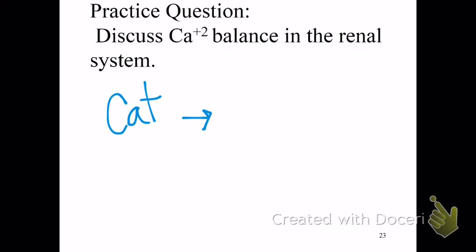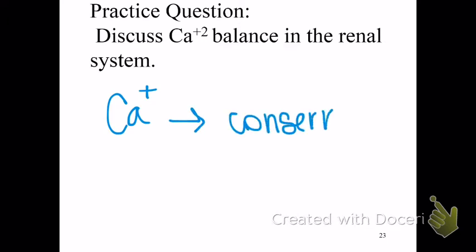You got to have it for muscle flexion. And that plus sign should be a little superscript up there. So that is conserved. And the phosphate group, that's a little 4 and a superscript -3, would be excreted.